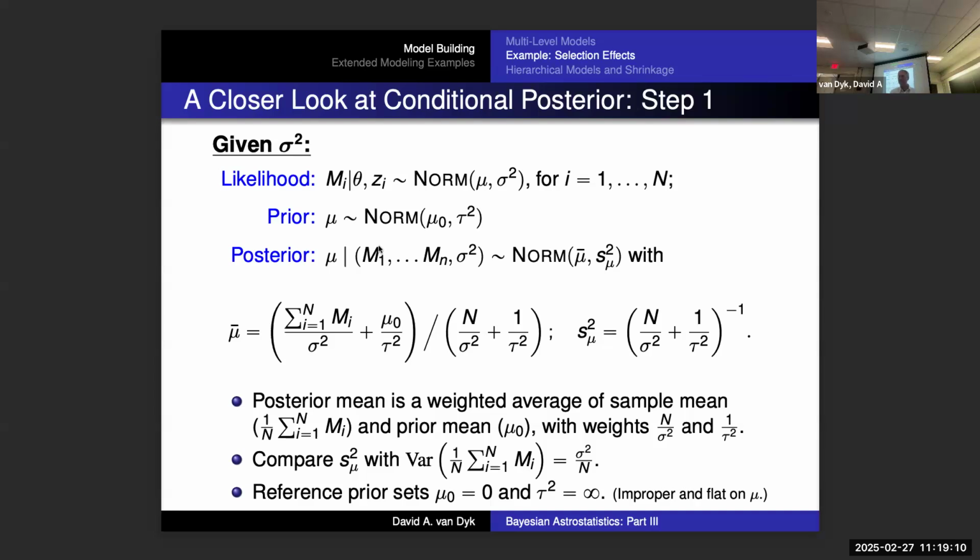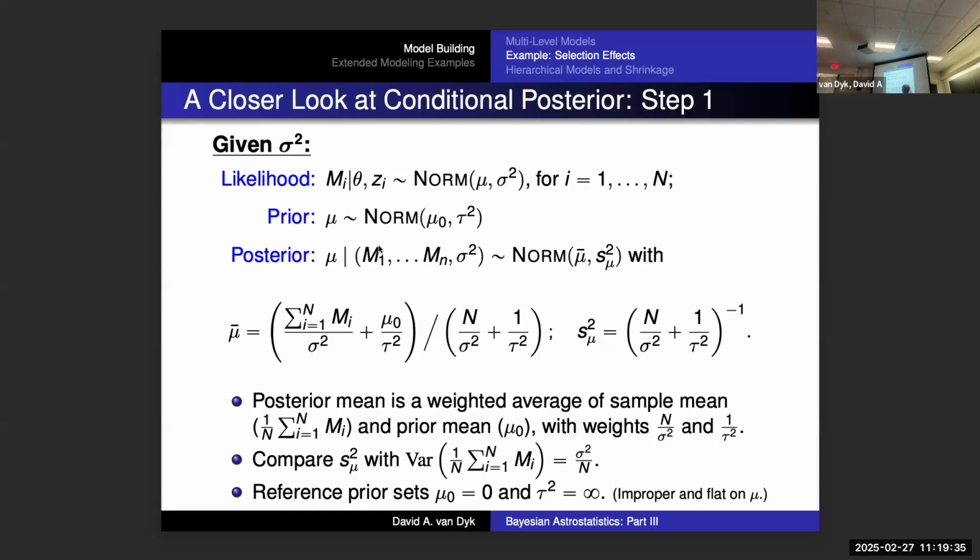Sigma squared over n is the variance of the sample mean. So if the variance is bigger, we're going to downweight it. If the variance is smaller, we're going to upweight it. And similarly, we're going to weight the prior mean by its variance. So it's a variance weighted average.